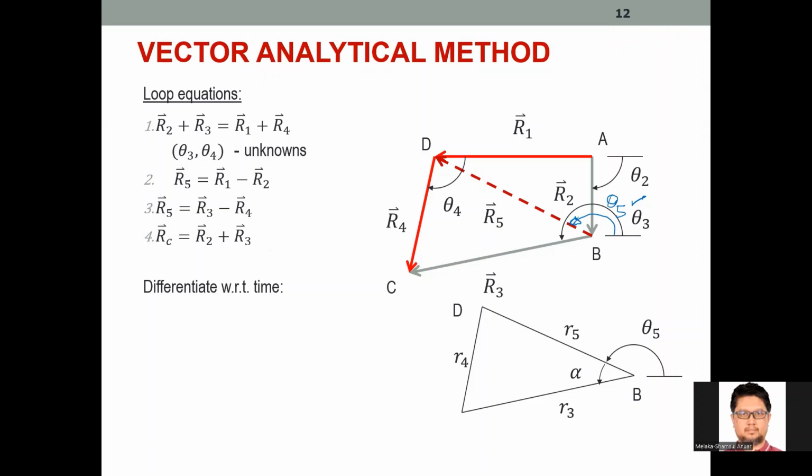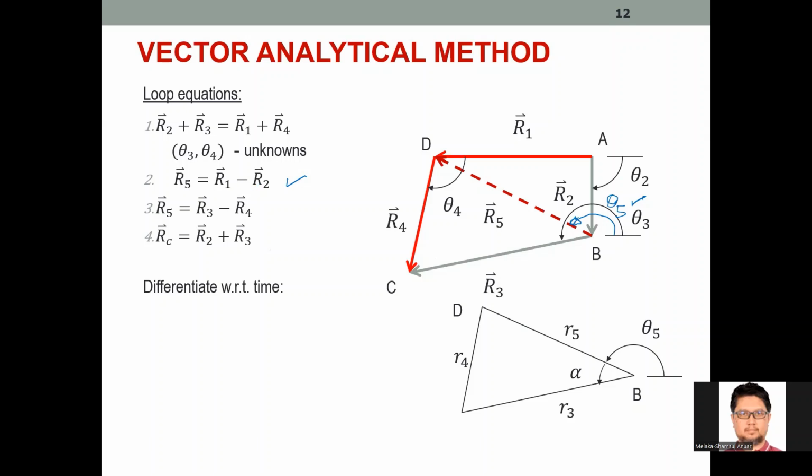Here theta 5 can be completely determined, and we can find the direction and also the magnitude of R5.